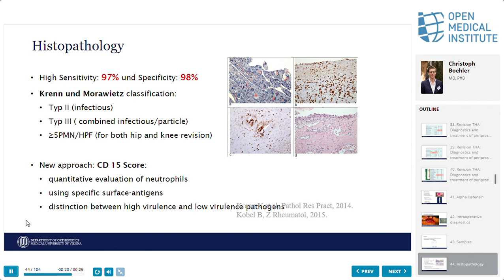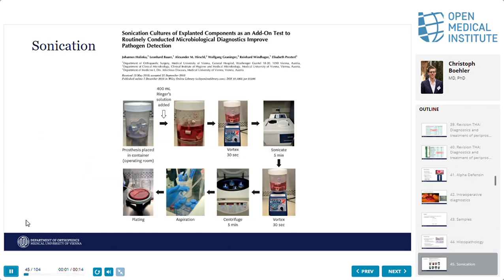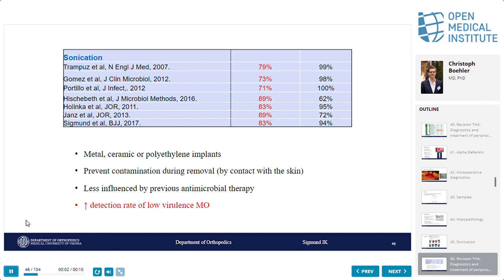This will be published shortly by Krenn next year, as he told us. Sonication, are you using this? Yeah, this is also kind of a game changer. With ultrasound, you break the biofilm of the bacteria, and then the detection rate, even for low virulence microbes, is increasing tremendously.